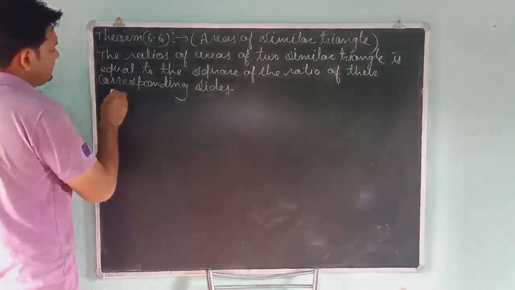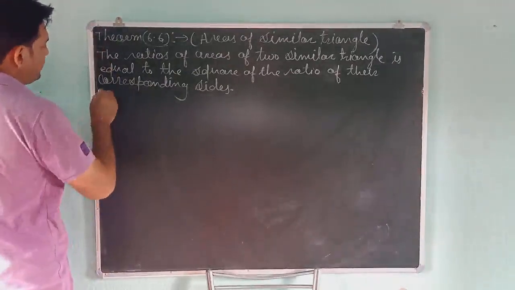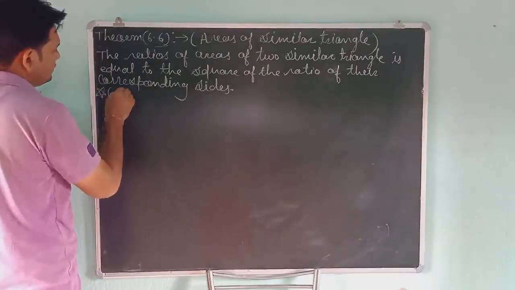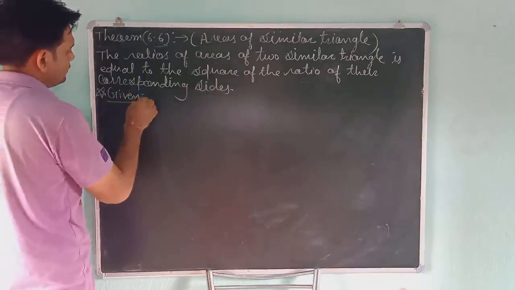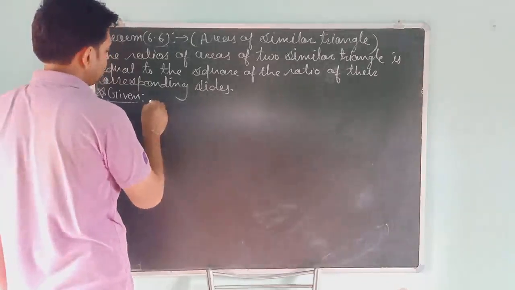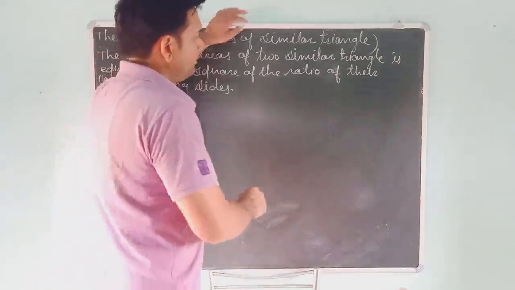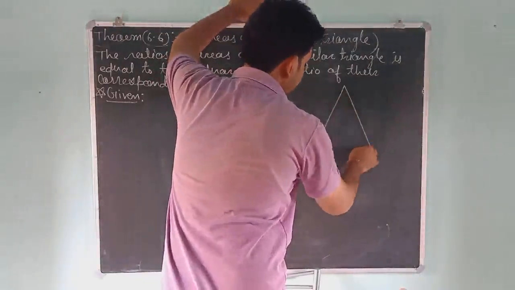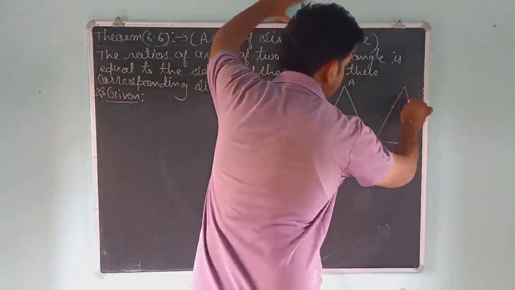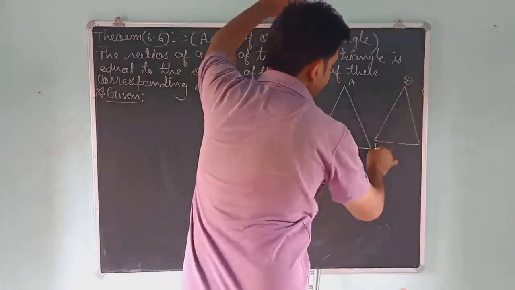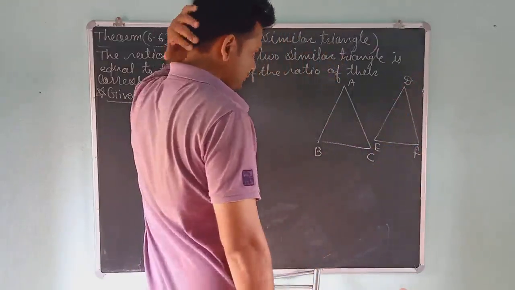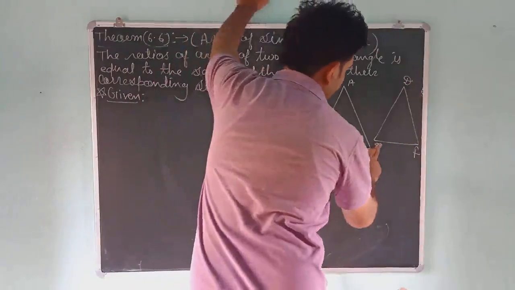Okay students, first of all I will write given. In given you will write we have two triangles. Here I will make two triangles. Suppose that this is triangle ABC and this one is DEF. Wait students, wait 1 minute.